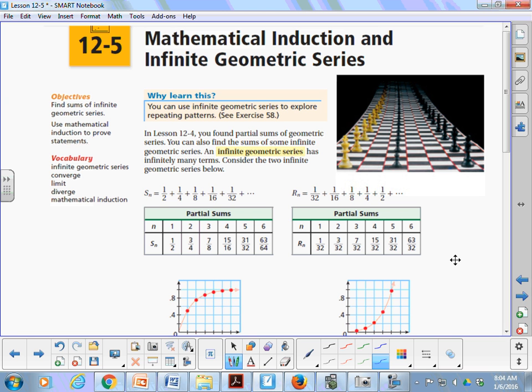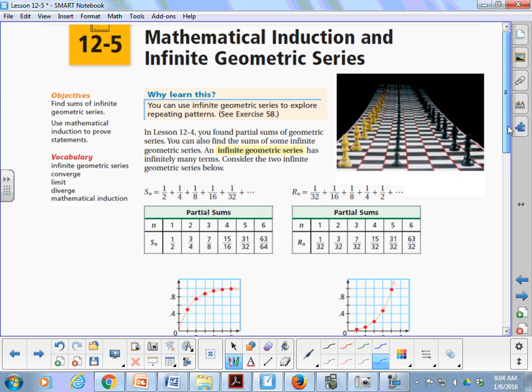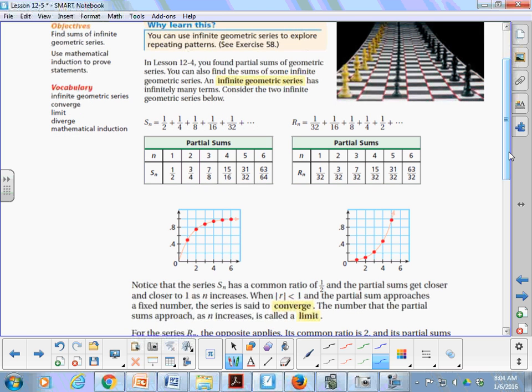So these are two different types of partial sums. And we graph them. The one on the left is going to come up, and as the fraction gets smaller and smaller, the sum is actually approaching a specific number. Where the one on the right, because the fraction keeps getting larger, the graph is going to keep going up and getting bigger and bigger.